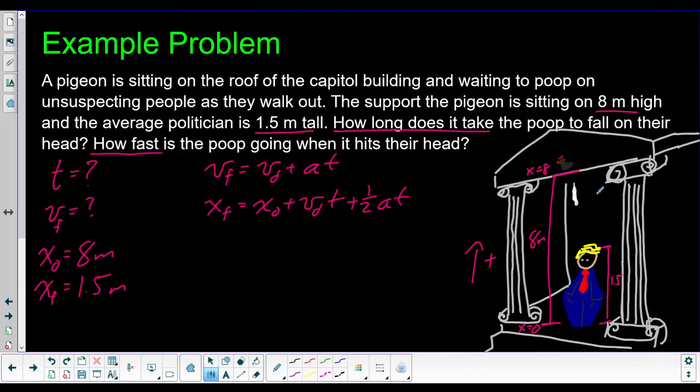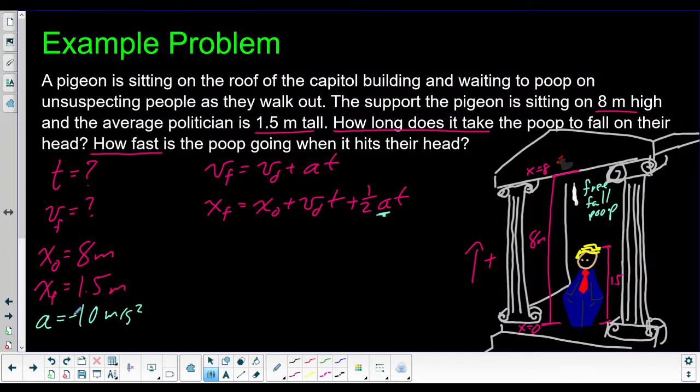The poop is in free fall. So that tells us the acceleration. Our acceleration in this case is 10 meters per second squared downwards. Because it's downwards, we're going to make it negative.